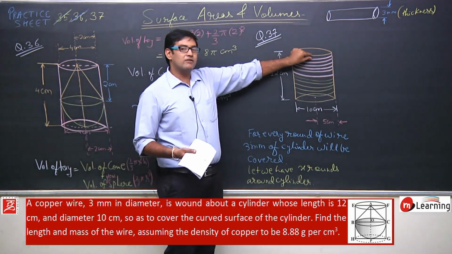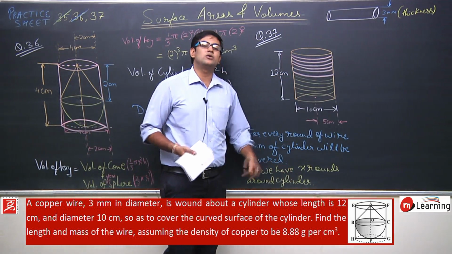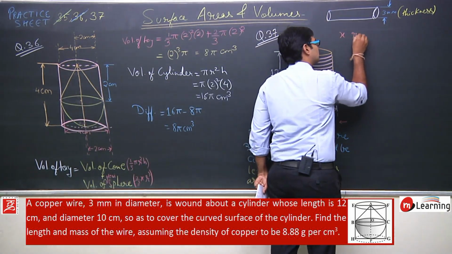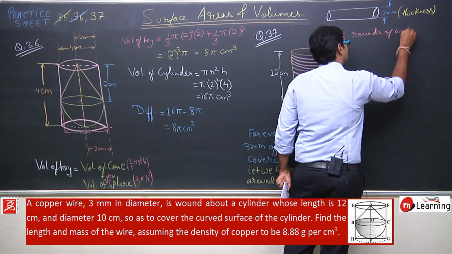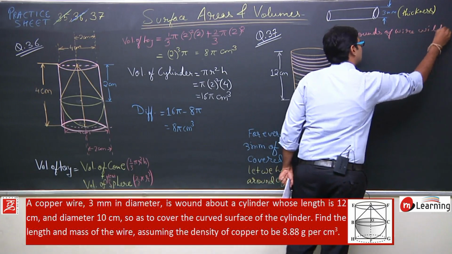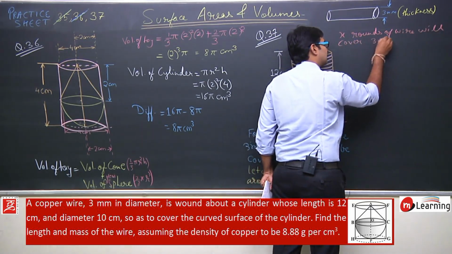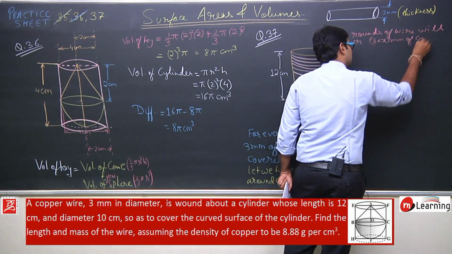If one round covers 3 millimeter of the cylinder, then x rounds of wire will cover 3 into x millimeter of cylinder.